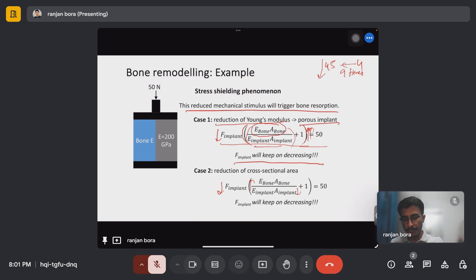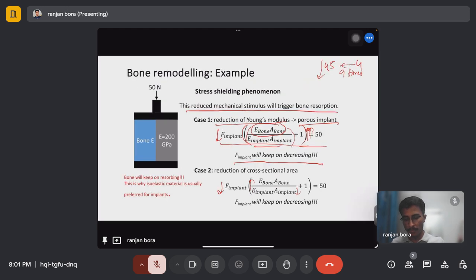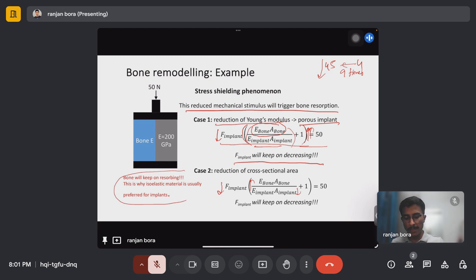Because of the stress shielding, we get problems like bone resorption. And the solution is we use an isoelastic material, means a material which has the same properties as bone.